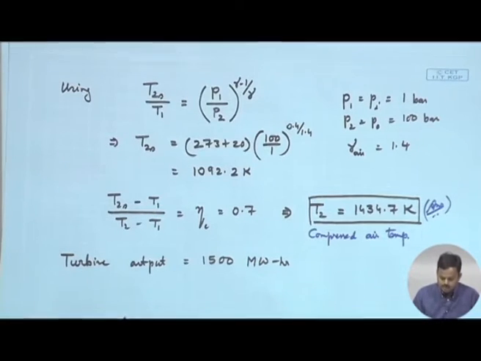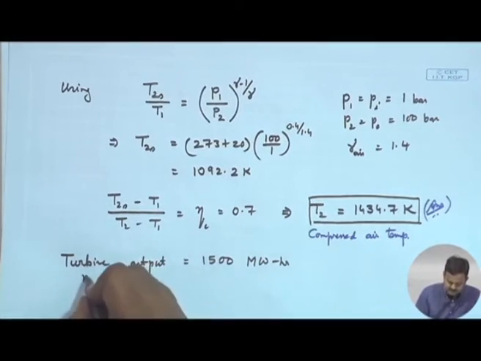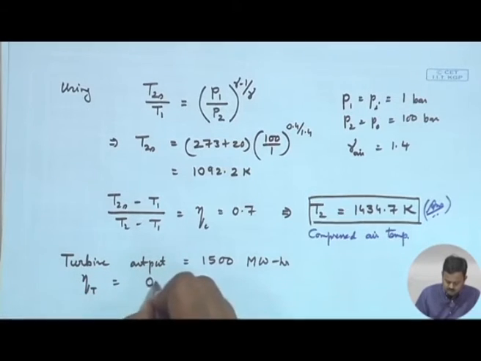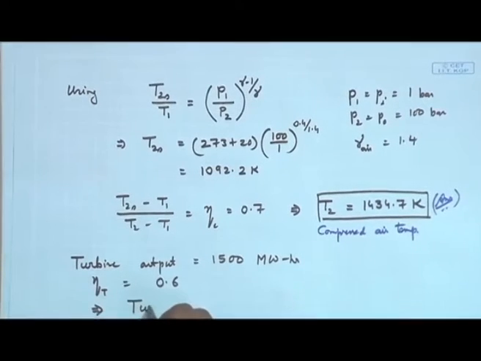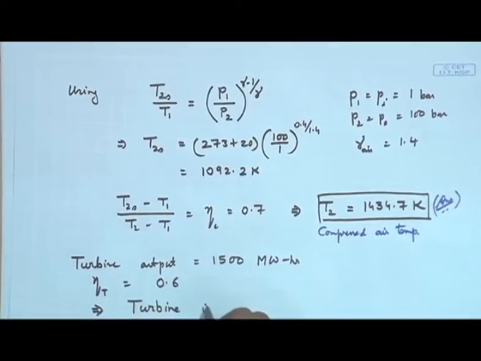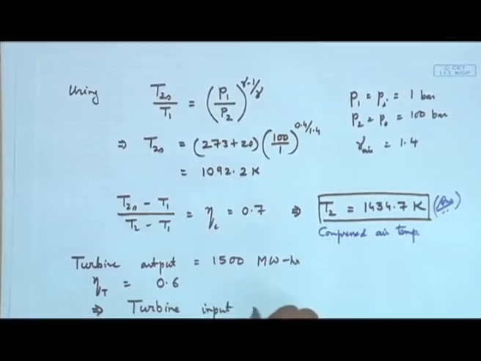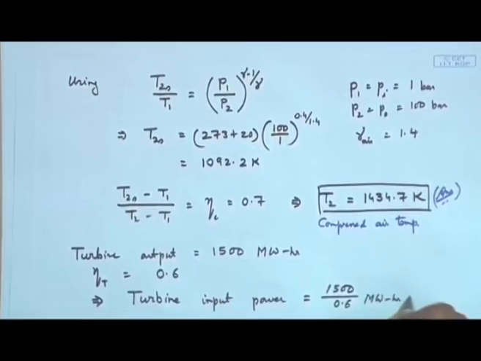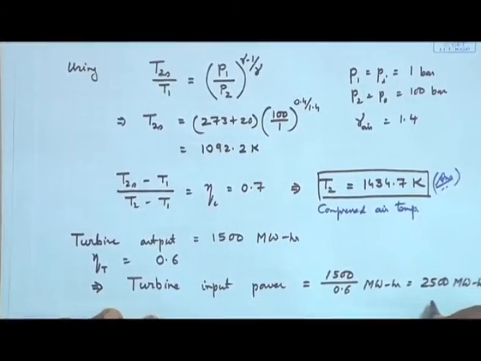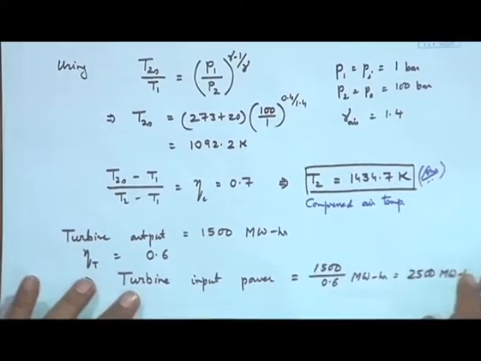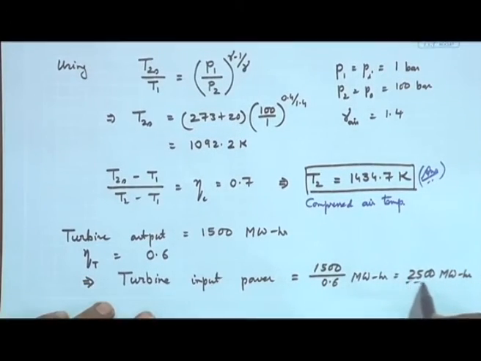I also know that the turbine efficiency is given to be 0.6. So, therefore, turbine input power is going to be 1500 divided by 0.6 megawatt hour or 2500 megawatt hour, right.